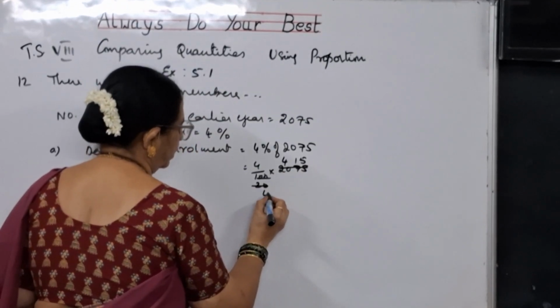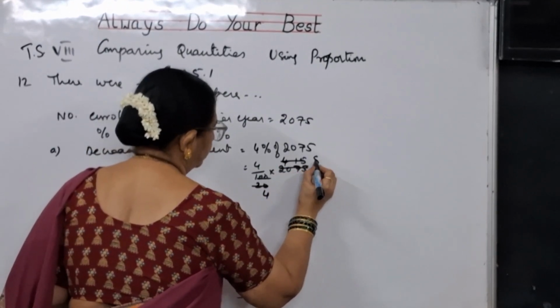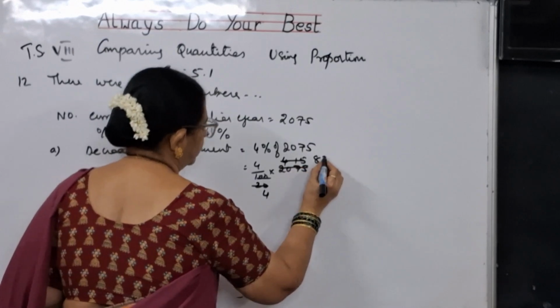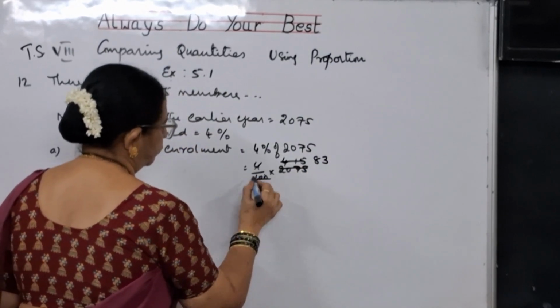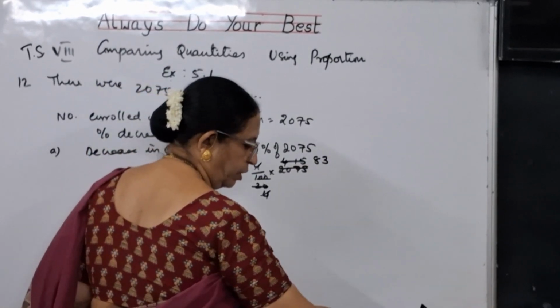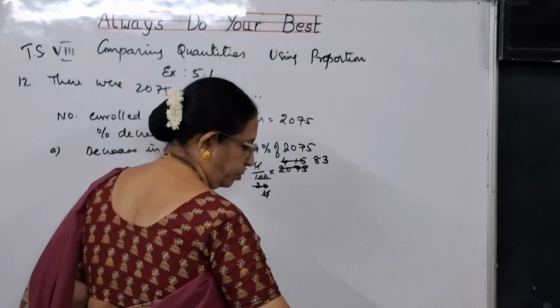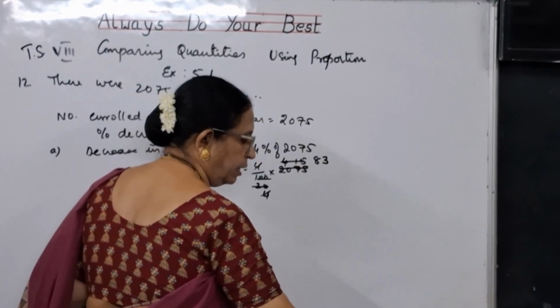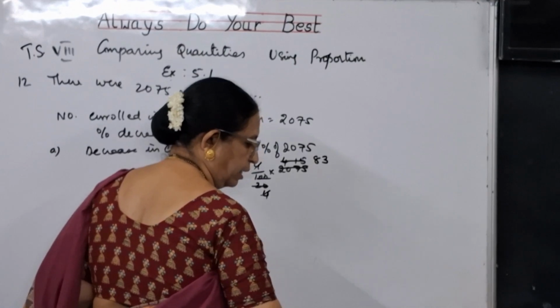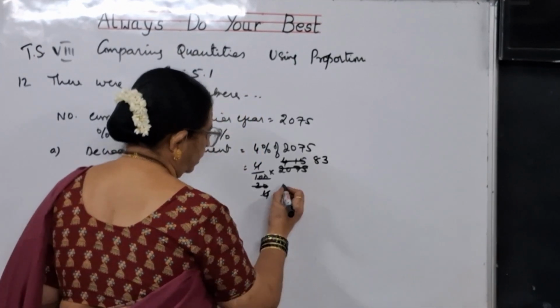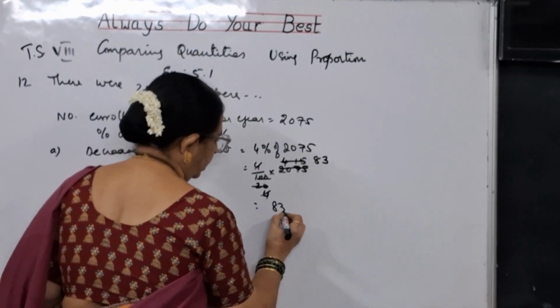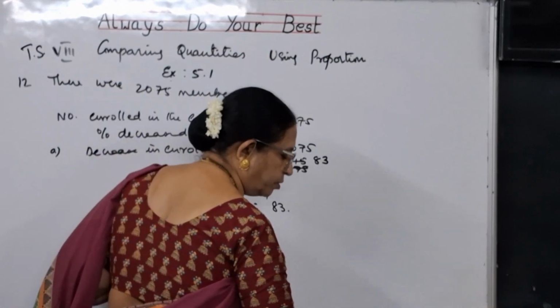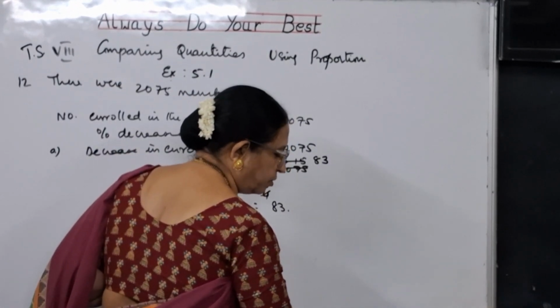Again 5 4s are 20, 5 8s are 40 and 5 3s are. So 4 and 4 will get cancelled. So you will be getting 83. 83 got reduced.